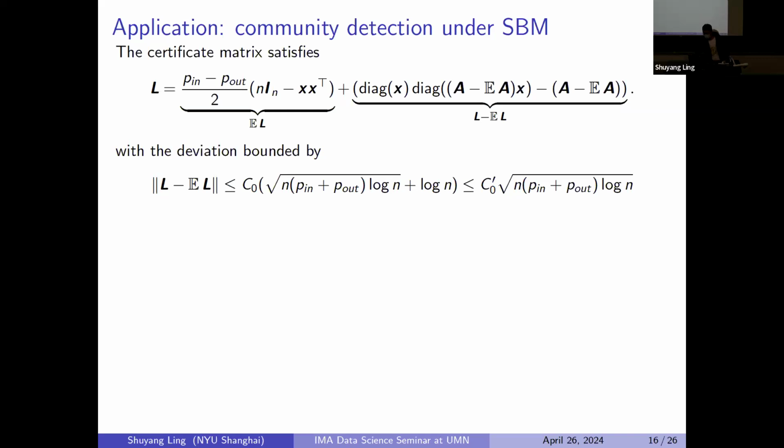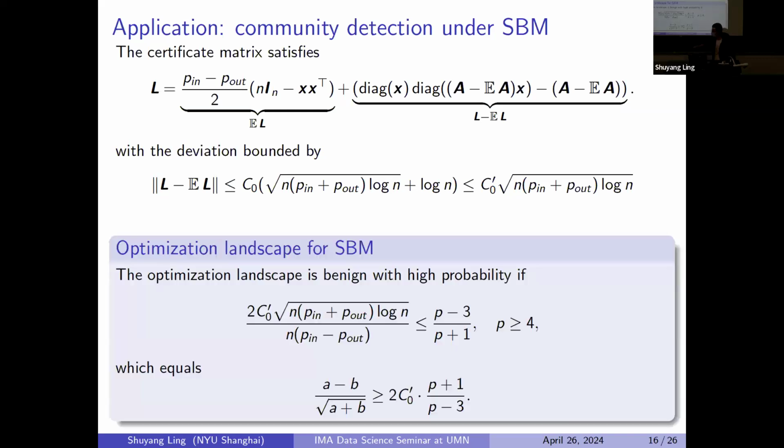And then I can find out what alpha is. So alpha is essentially this divided by the spectral norm of expectation L. I don't have to read all the details, but that's essentially the SNR. Essentially, it's more than this. It will be fine. So here's what we get. This quantity is approximately square root of a minus square root of b, greater than some constant.